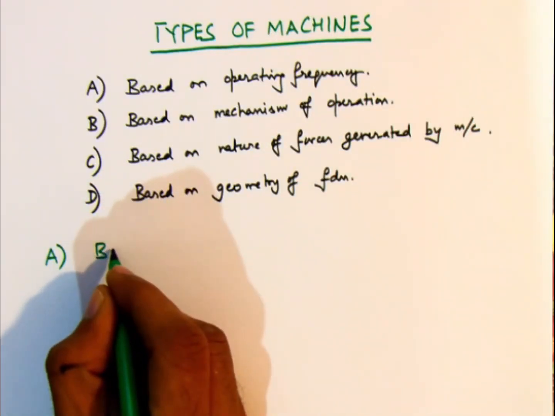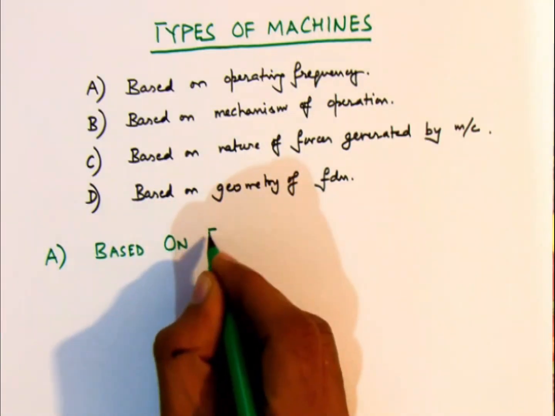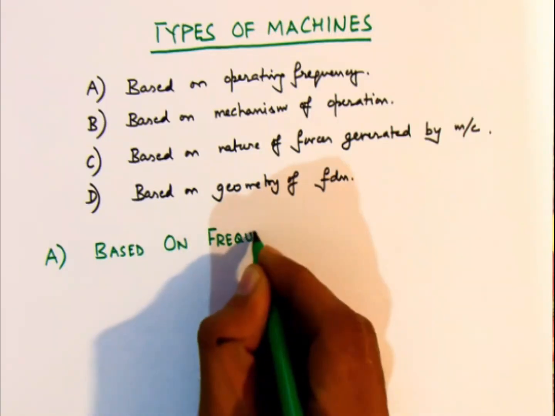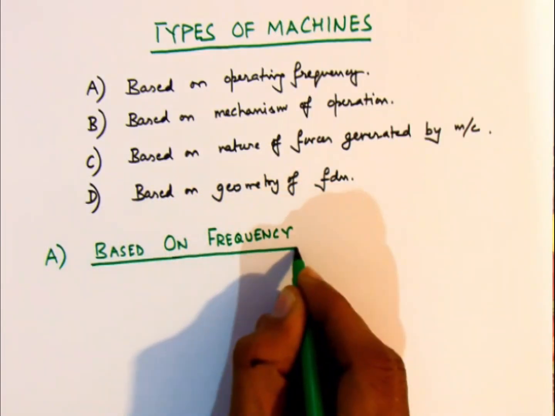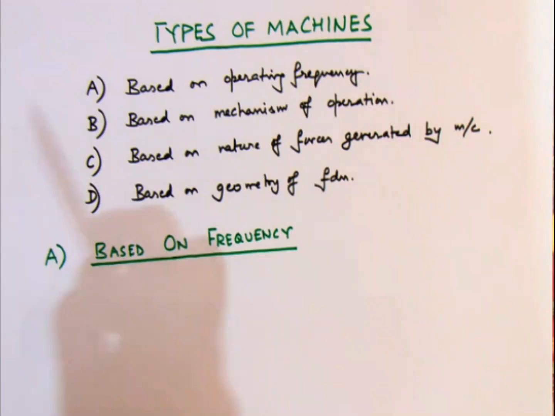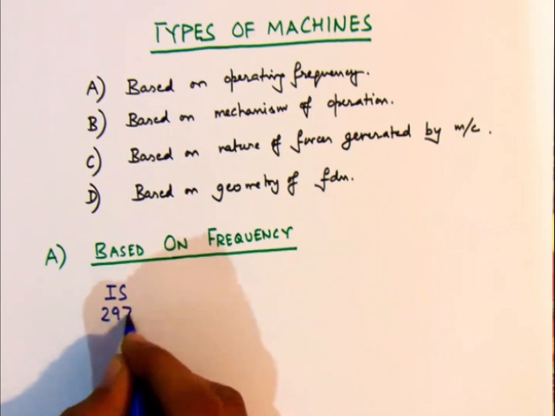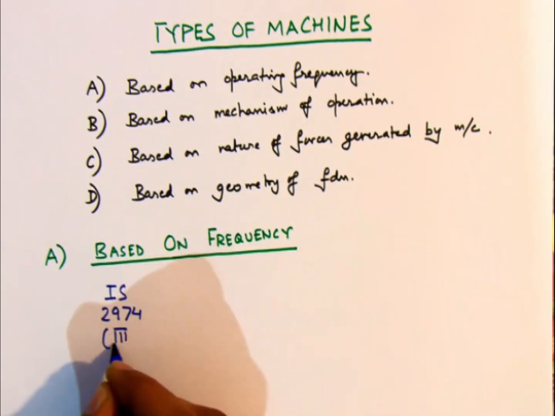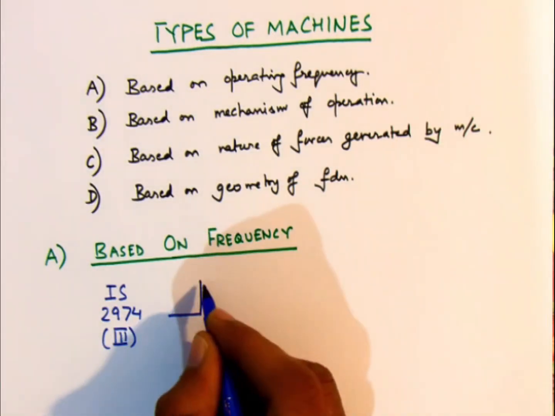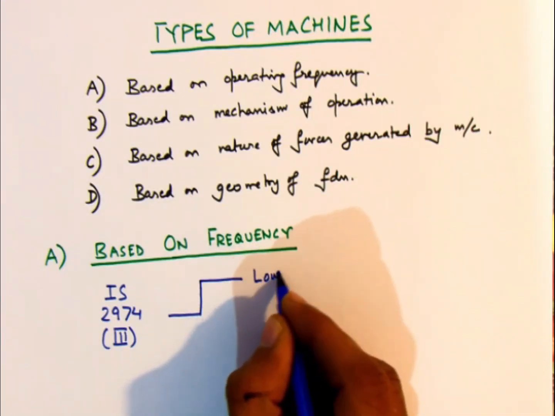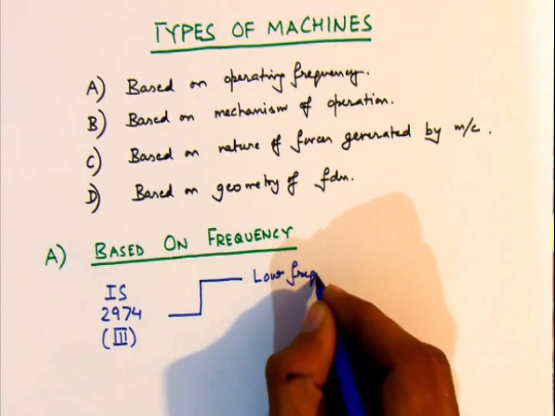The first is based on operating frequency. The code IS 2974 part 3 classifies the machines into three categories: low frequency, medium frequency and high frequency based on the operating frequencies.